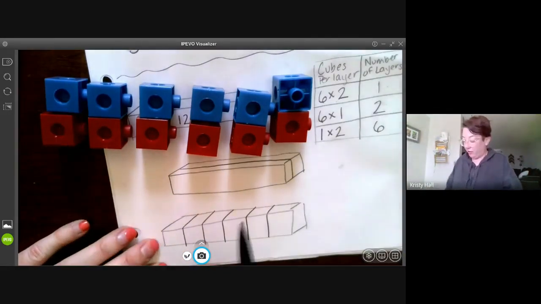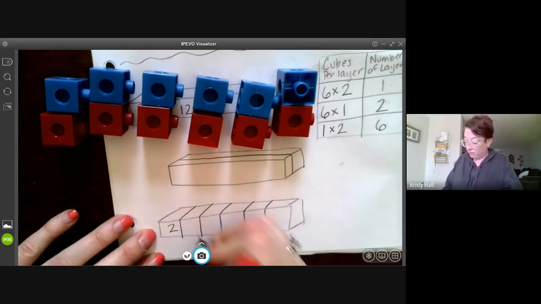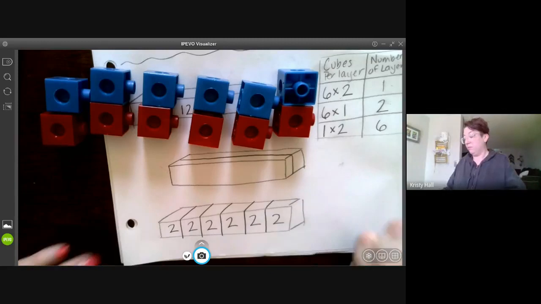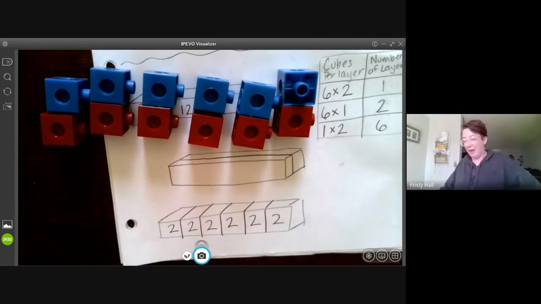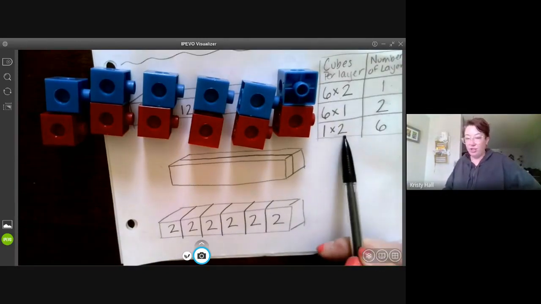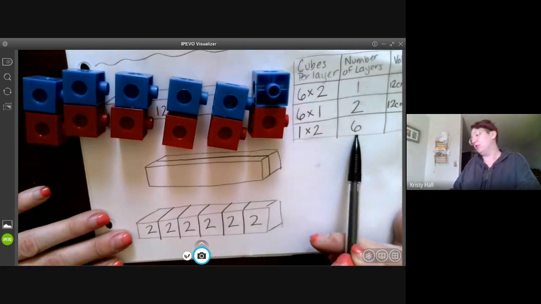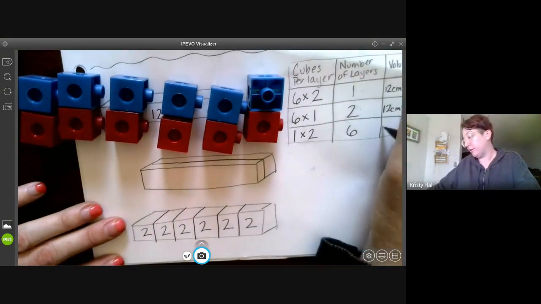So in each layer, there are only 2 blocks. I'll fill that in on my diagram. And then I'm going to multiply. 1 times 2 is 2. But then I had 6 layers of 2. So 6 times 2 is 12 cubic centimeters.